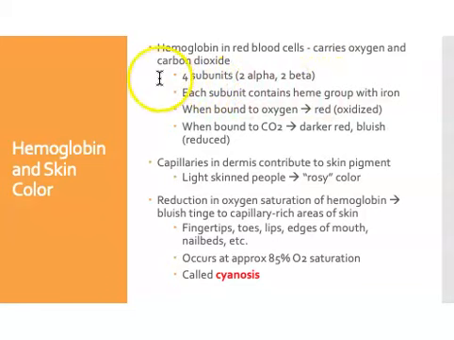It has 4 individual subunits, what are called 2 alpha type and 2 beta type. And each one of those subunits in that protein has a very particular type of molecule called a heme group in it. And that heme group is associated with iron.